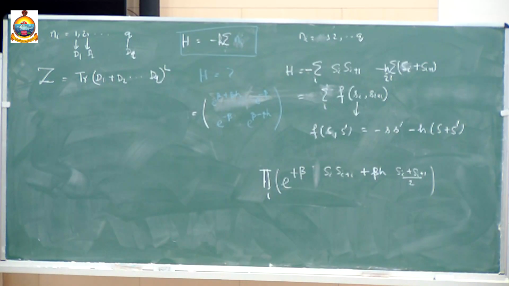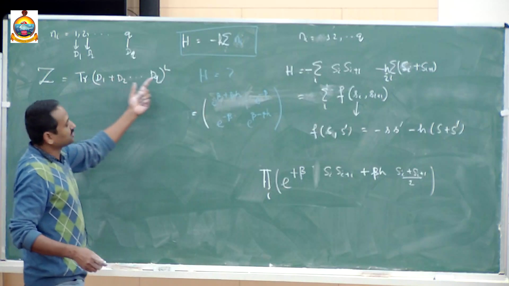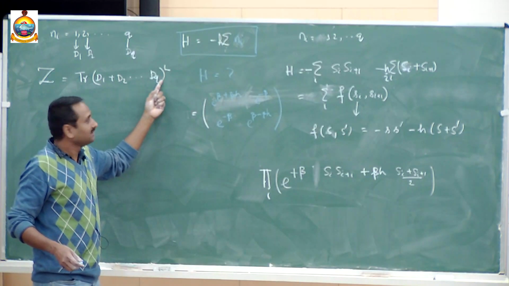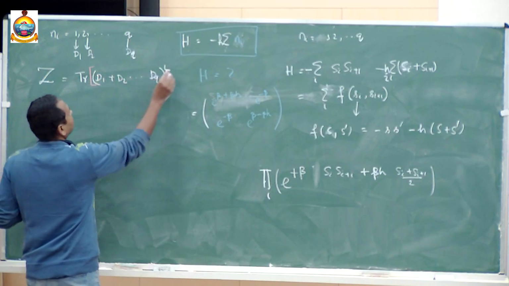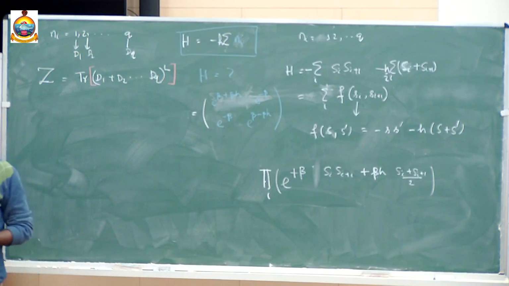I don't have to know the model; I'm assuming that some D, some E exists for each of them. This takes me through all possible configurations. Because this to the power L is there, I have to put a trace here, another bracket. So that's my trace.